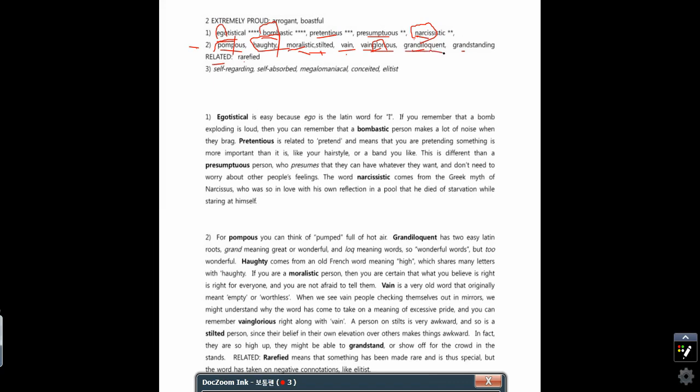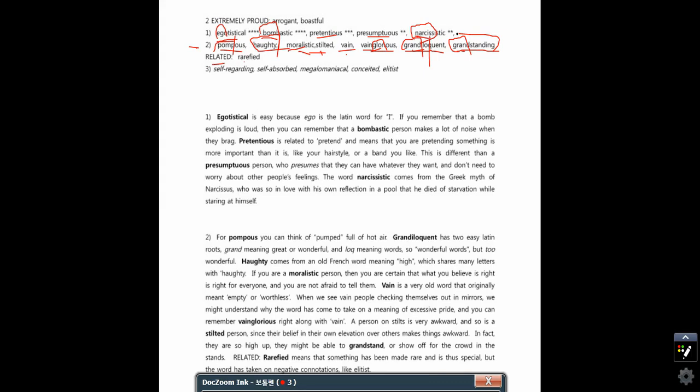Grandiloquent and grandstanding both start with grand, which means big or great or powerful. In grandiloquent, we also have the root loque, which means word. So grandiloquent means great words, speaking in too high a way, that is, using too big of words. And grandstanding is standing in a grand or big way, like in a grandstand in a baseball field.